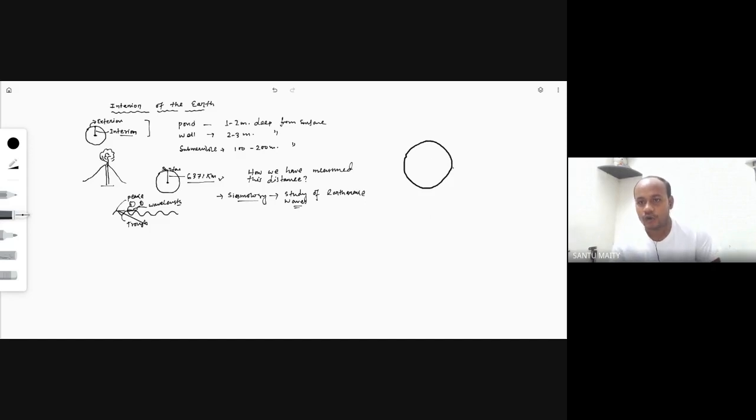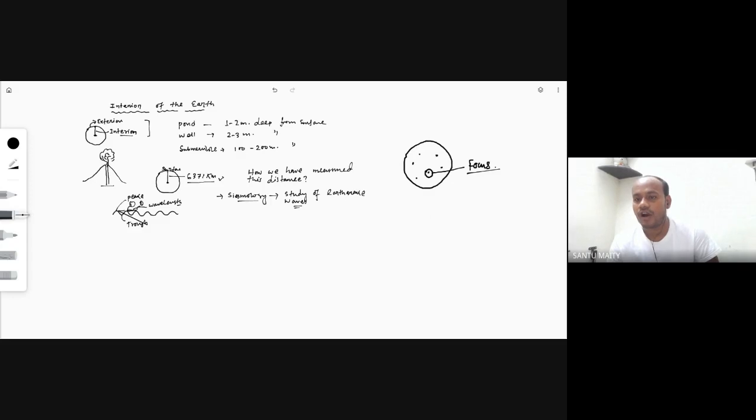This outer line is the surface of the earth. The disturbance may be here, here, or anywhere. We can take any one point. If the disturbance happens here, that means the origin of the earthquake is here. This location is termed the focus of the earthquake.